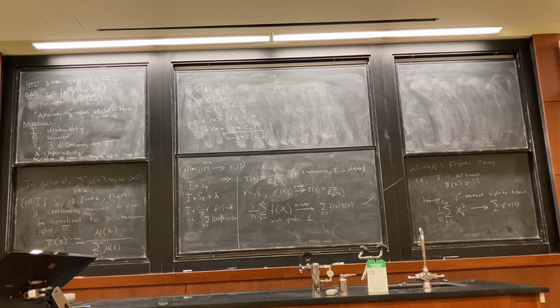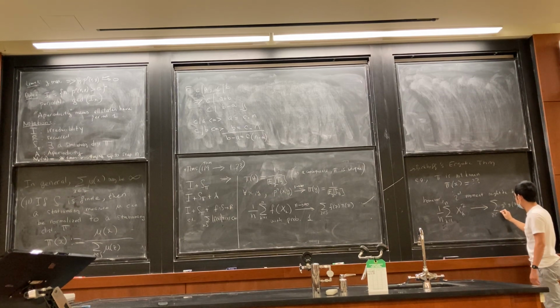You do the sum of k squared pi k from 1 to infinity. Isn't that how you compute the second moment? That's easy. So here, z is a state.